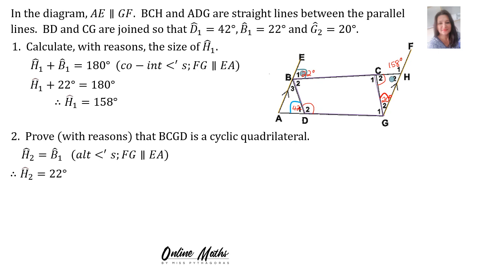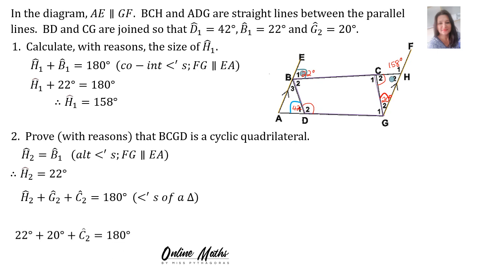Therefore, H2 is 22 degrees. Then H2 plus G2 plus C2 is 180 degrees, angles of a triangle. And we know that H2 is 22, G2 is 20 is given. We work out C2 and we find that C2 is 138 degrees.